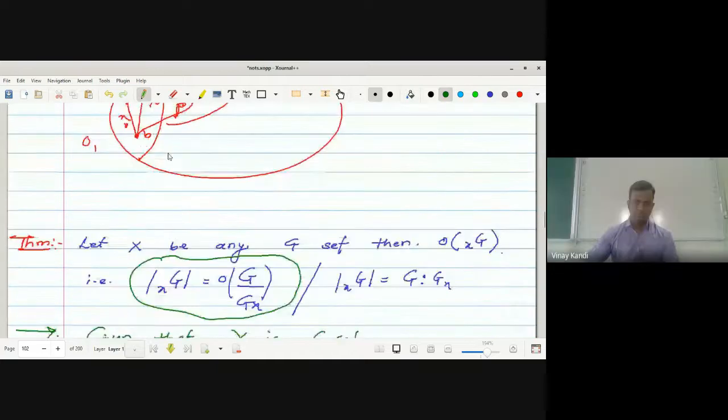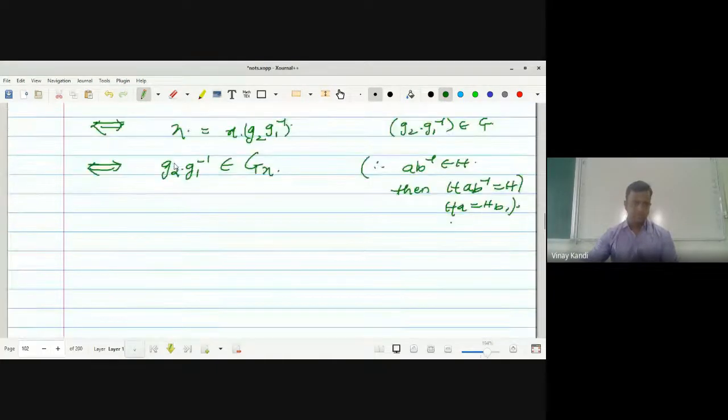ओके, म्हणून डेफिनेशन नीट लक्षात ठेवा. तुम्हाला कुठल्या स्टेपवरून कुठली स्टेप आली काहीच कळणार नाही. x is equal to x into G1, G2 G1 inverse is equal to G2 into G1 inverse belongs to GX.